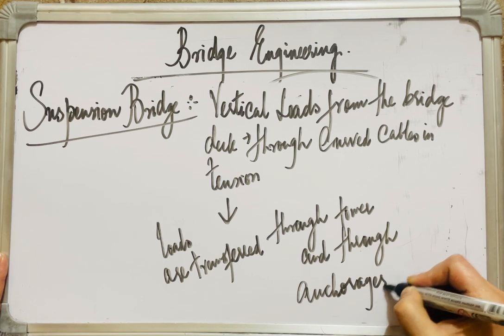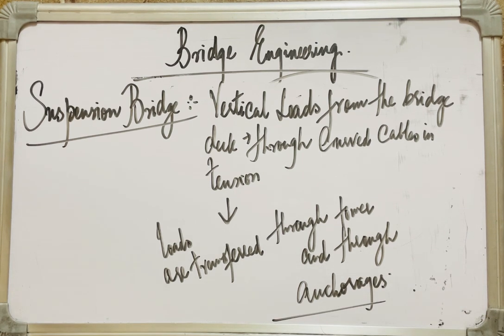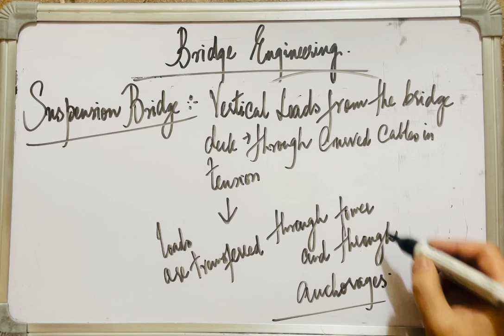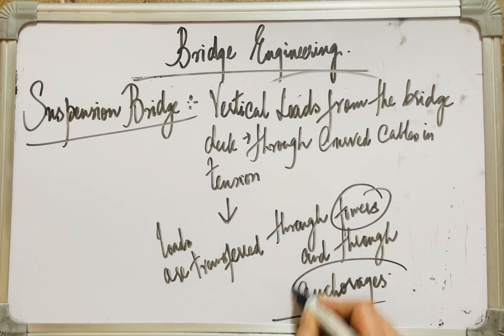All right. So the suspension bridge is that form of a bridge which carries the vertical loads from the deck through curved cables which are in tension, and then these loads are transferred to the ground by towers and through anchorages. Let me show you a diagram of a suspension bridge.